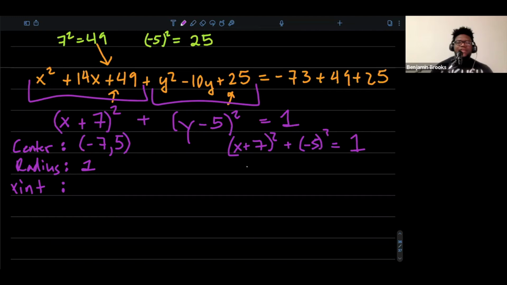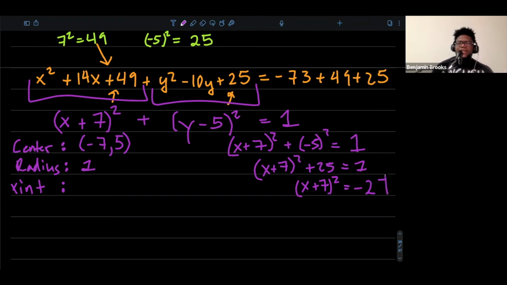So basically you'd have x plus 7, and I'm just going to keep it like this, squared plus 25 is equal to 1. And then you end up with x plus 7 squared equals negative 24 when you subtract 25 on both sides.